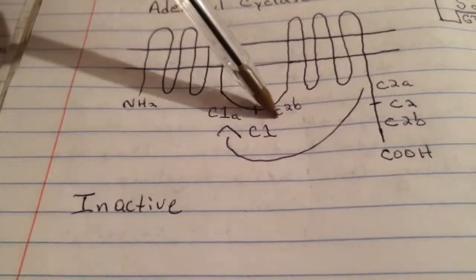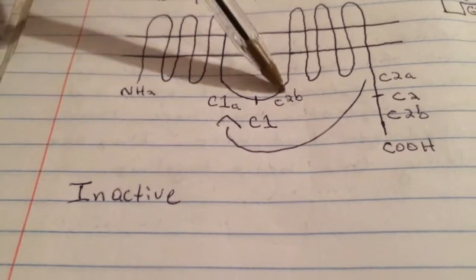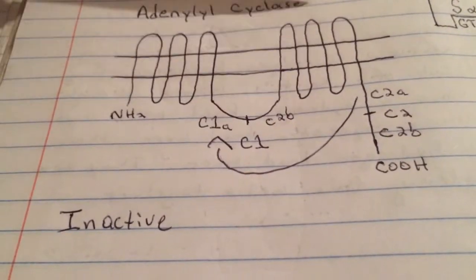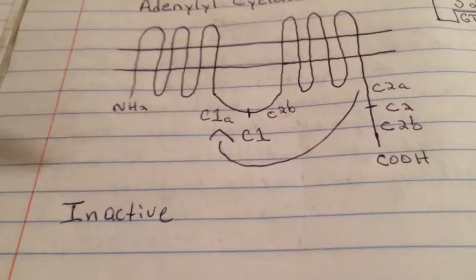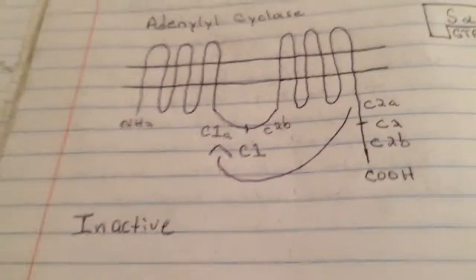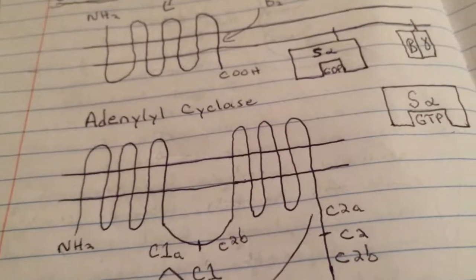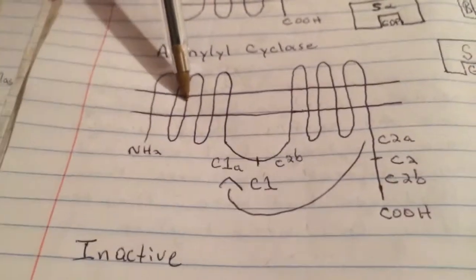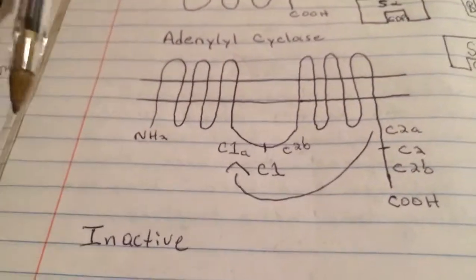Then there's this loop in between, and over here is another cluster of 6 membrane spanning alpha helices, which is transmembrane domain 2 of adenylyl cyclase. So we have TM1 and TM2 over here.